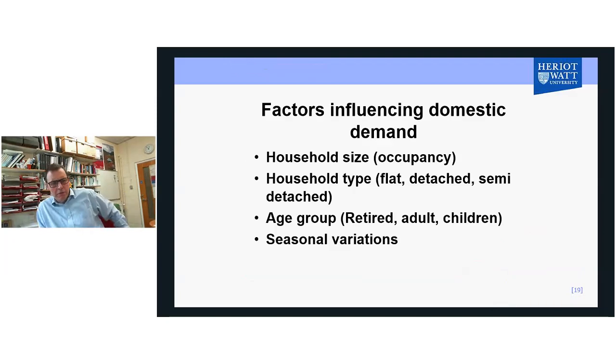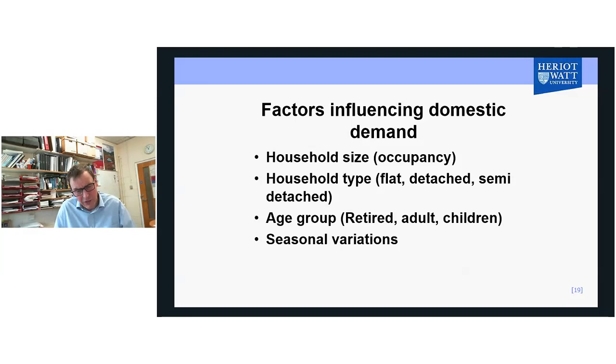So, factors influencing domestic demand. Well, obviously the size of the property, also the size of the household, the age group. If you've got kids, you'll know that they tend to use much more water because they're washing more and you're washing them, etc. And seasonal variation.